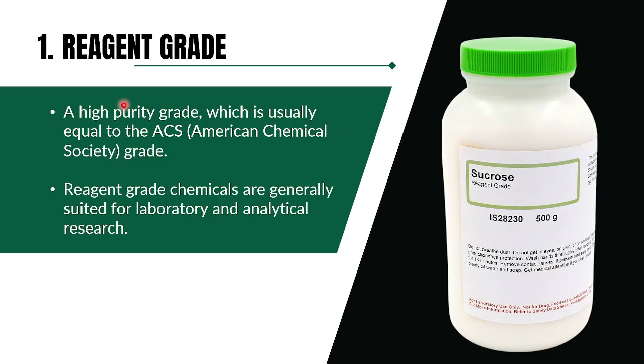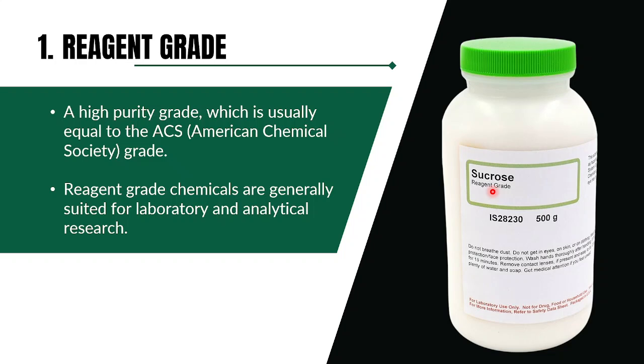And they also meet, or they also exceed, the standards set by the American Chemical Society grade. Now, in this particular example here we have sucrose, and as you can see in the label, it says reagent grade.